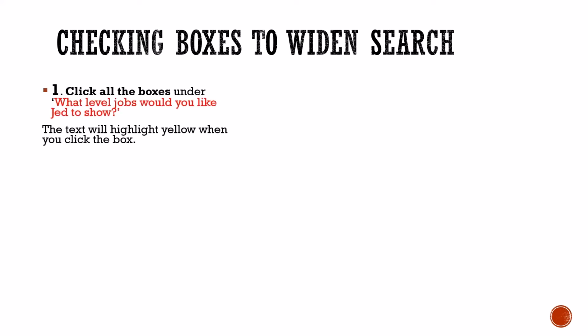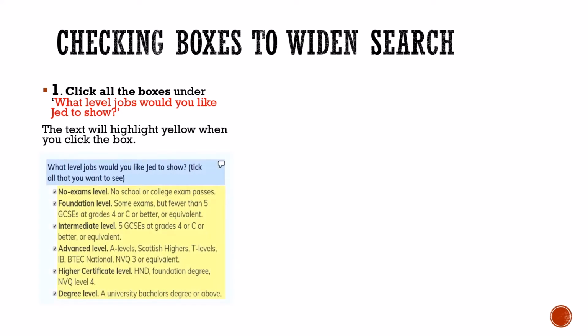When you go to widen your search, you'll be given different boxes, and I would like you to click certain things within them. Under "What level jobs would you like JED to show", I want you to click all of the boxes underneath that category: no exams level, foundation level, intermediate level, advanced level, higher certificate level, and degree level.